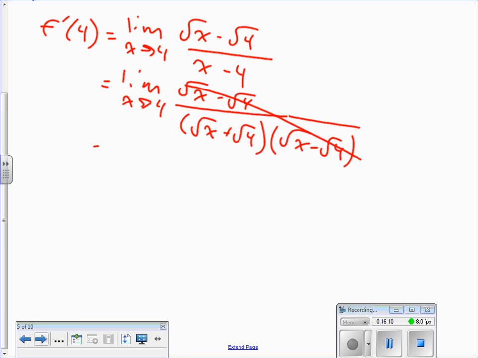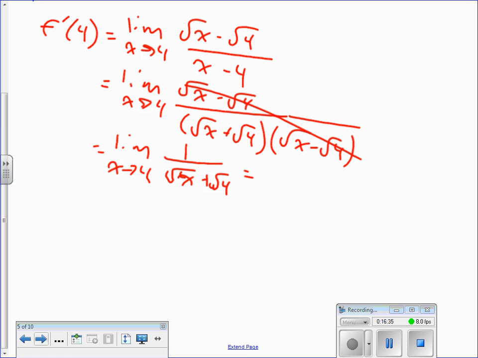So that's the limit as x approaches 4 of 1 over the square root of x plus the square root of 4. Can I plug in 4 now? Yeah. Square root of 4 plus square root of 4 is 4.